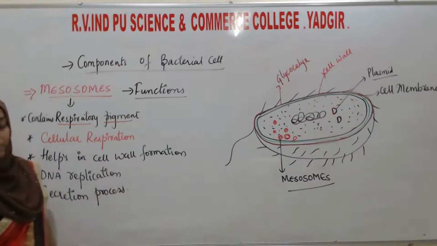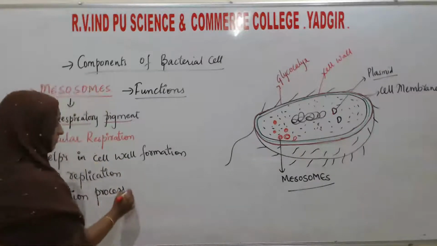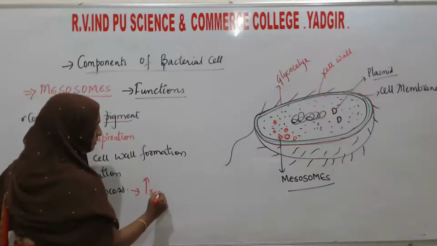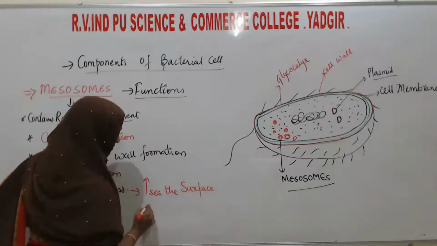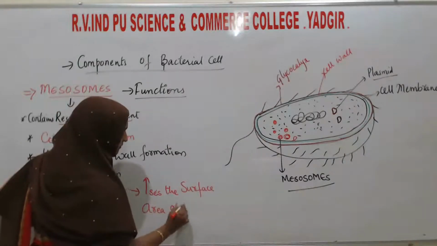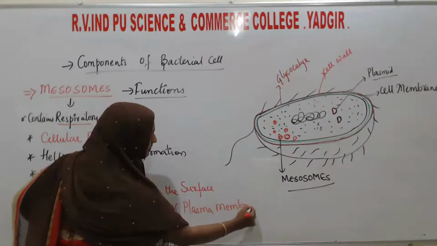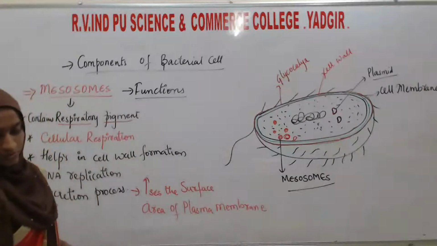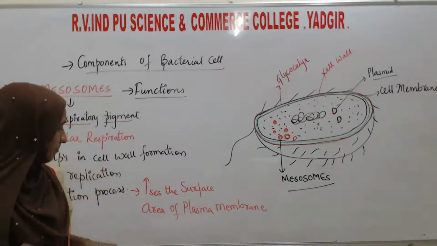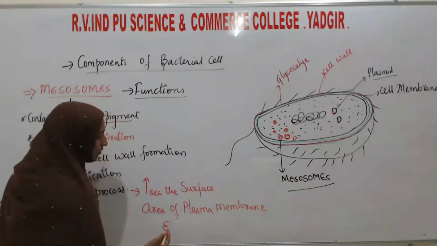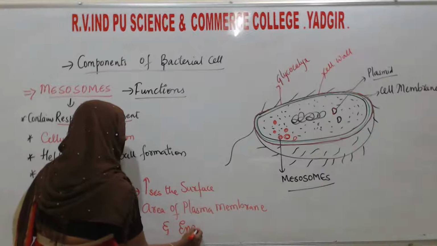Due to the secretion process, there will be an increase in the surface area of the plasma membrane. They increase the area of the plasma membrane, and whatever the enzymatic content is there, that is also going to increase.